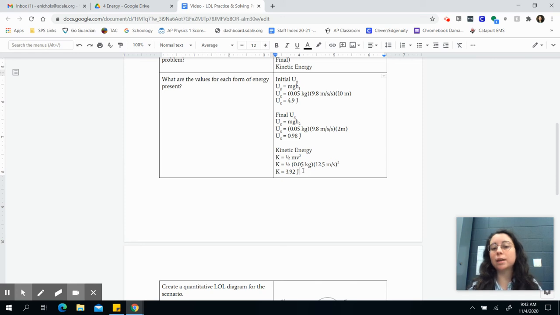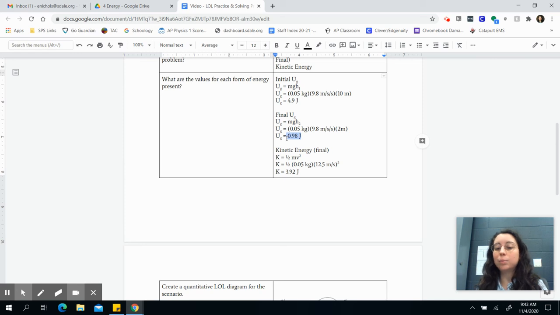Let's double check to make sure that energy was conserved. So in my initial snapshot, I have 4.9 joules. And then on my final snapshot, because this kinetic energy is only in the final, I have 3.92 and 0.98. Let's add that up to make sure that it all adds up. So 0.98 plus 3.92. Yep, that equals 4.8.